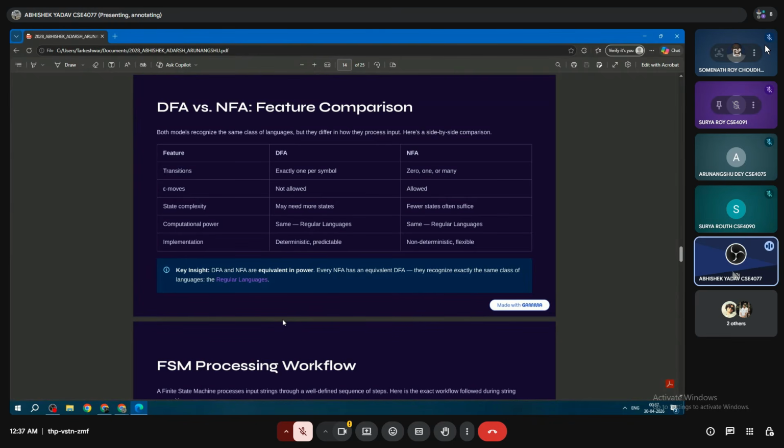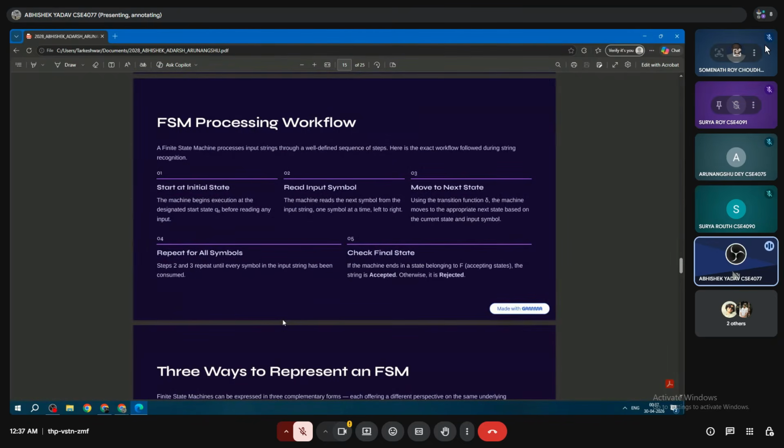Now, moving on to the next slide, we have Finite State Machines and their processing workflow. A finite state machine processes input strings through a well-defined sequence of steps. Here is the exact workflow followed during string recognition. Number one, start at the initial state.